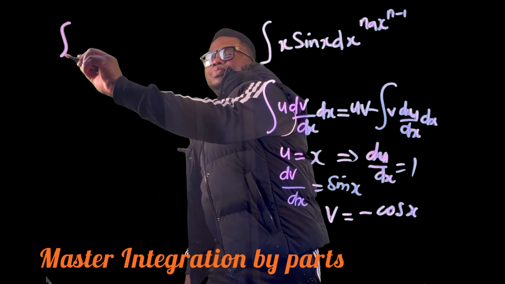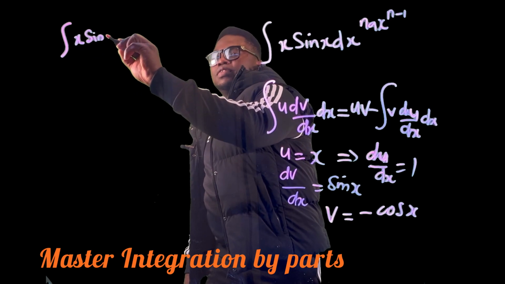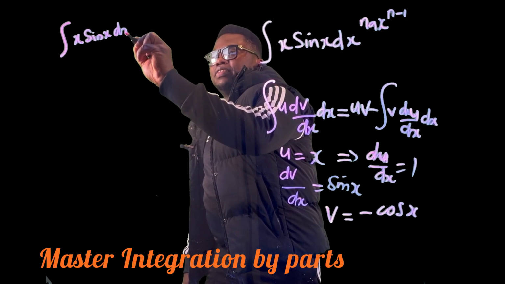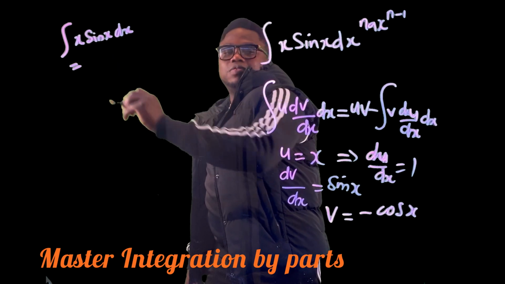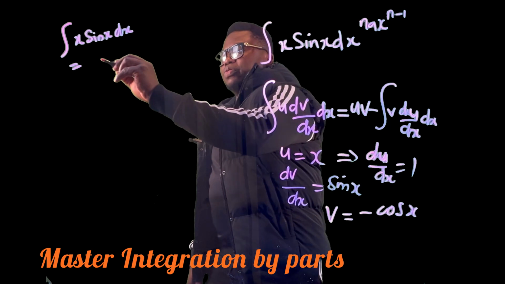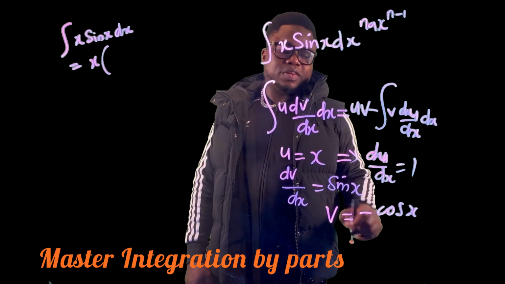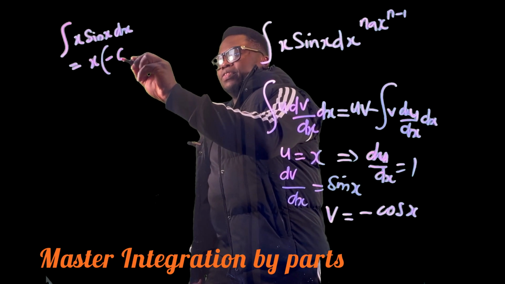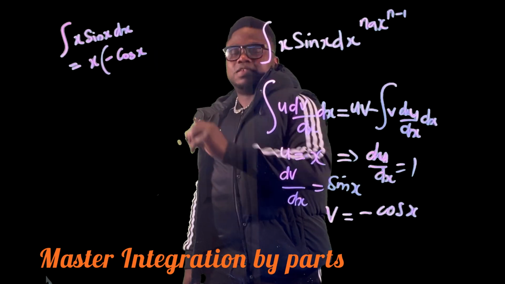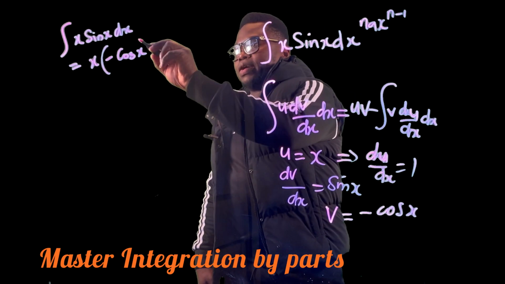So applying that, I'll write integral x sine x dx is actually equal to, that is u is x, so I'm going to write x here, bracket, then v is minus cos x, I'm going to write minus cos x, and bracket close.